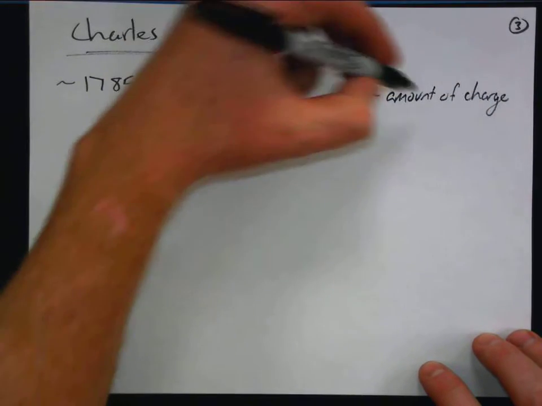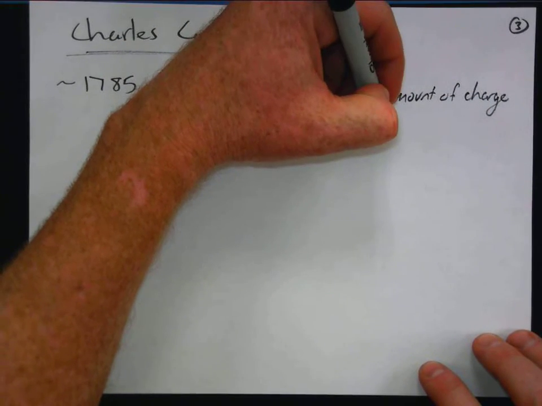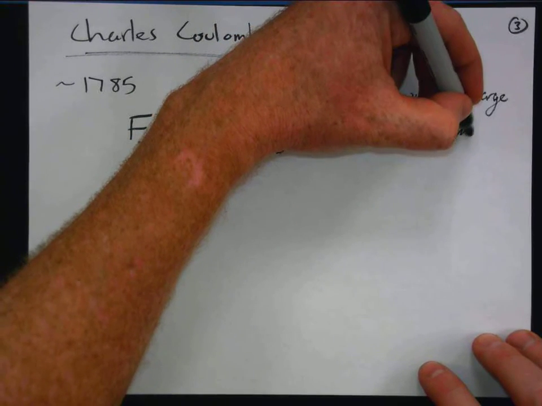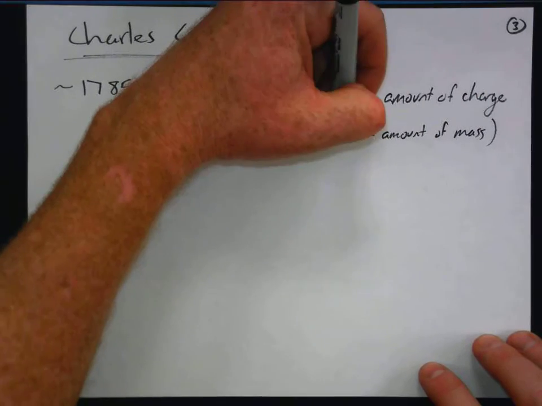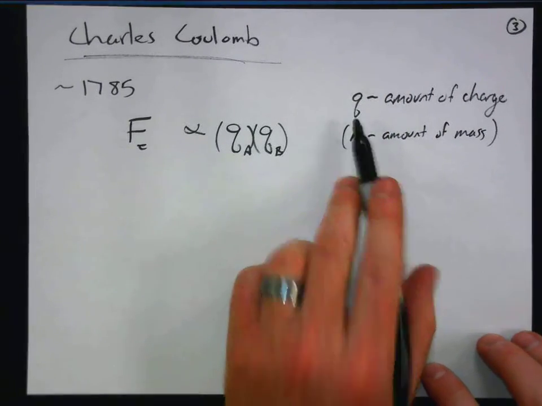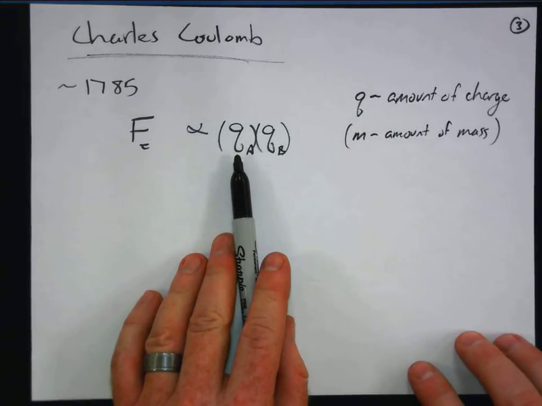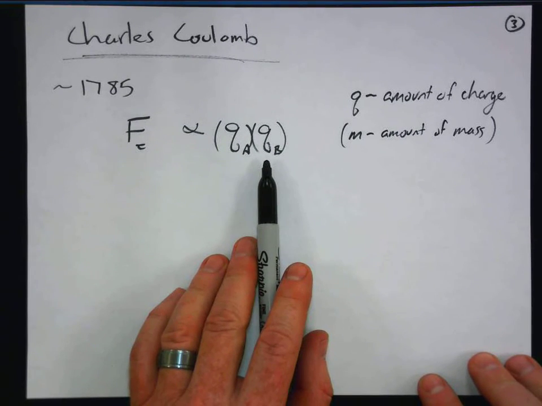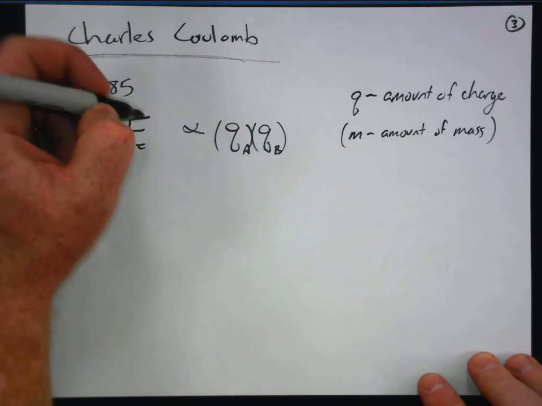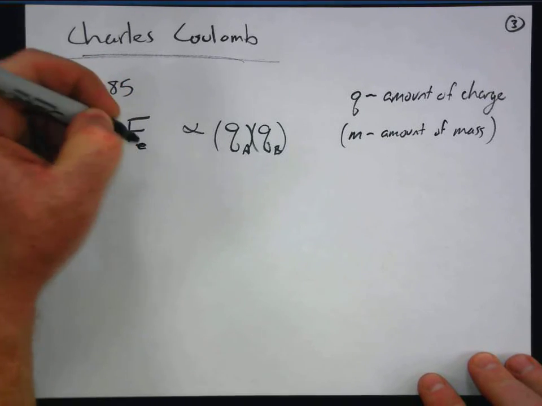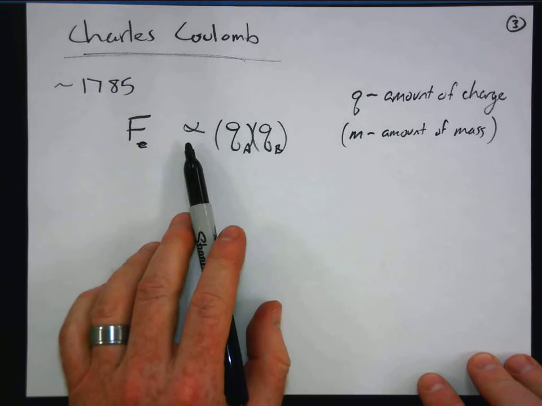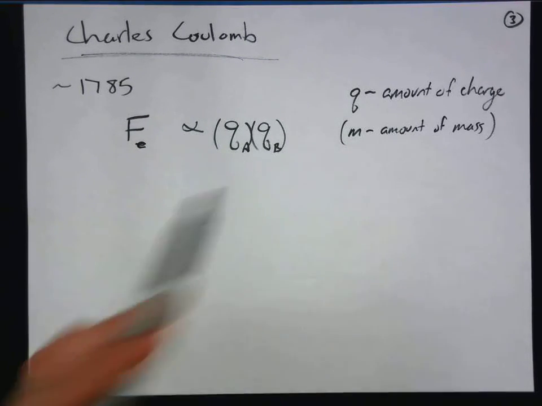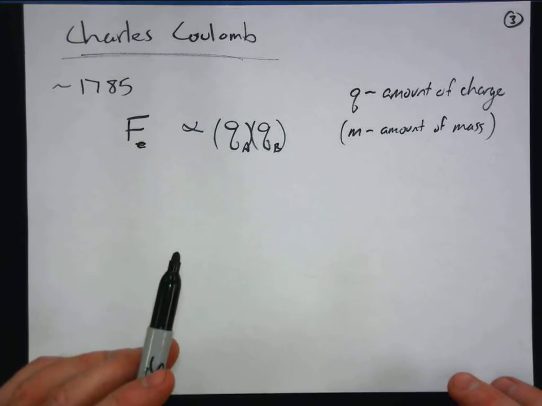You know how m represents amount of mass? Like that. Q is amount of charge. Okay? So this is the amount of charge in one particle multiplied with the amount of charge in another particle. Well, the force due to those charges, the electric force, is proportional to the amount of those two charges. If you have more charge, you'll have more force.